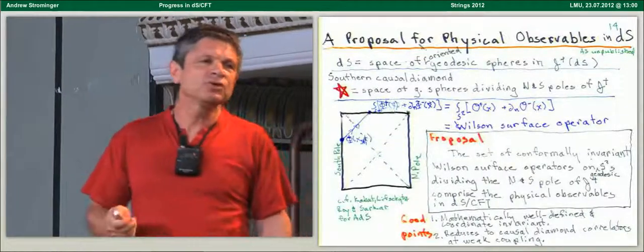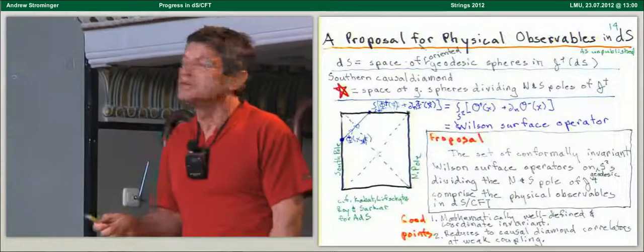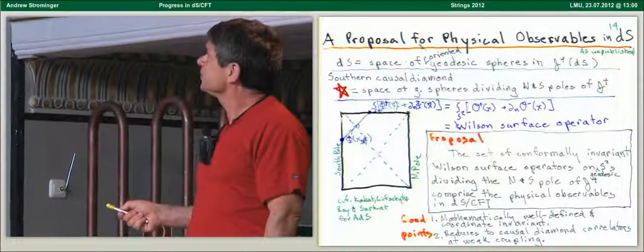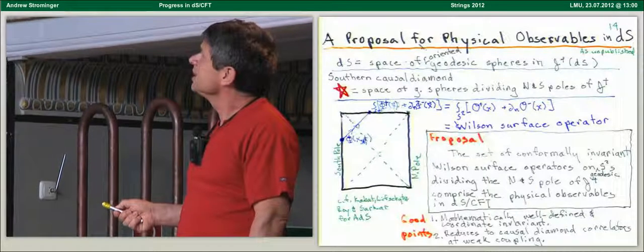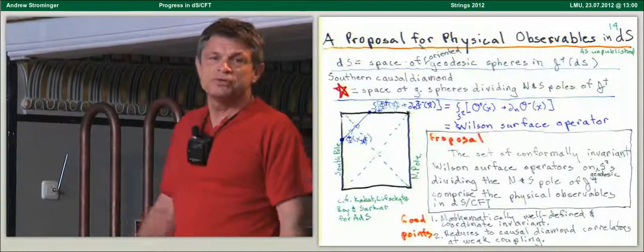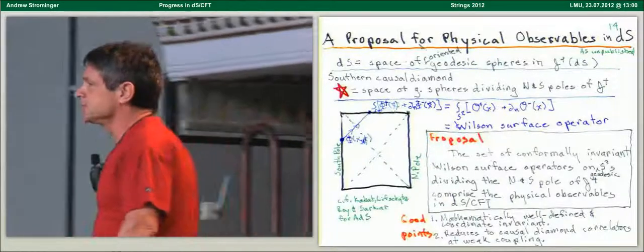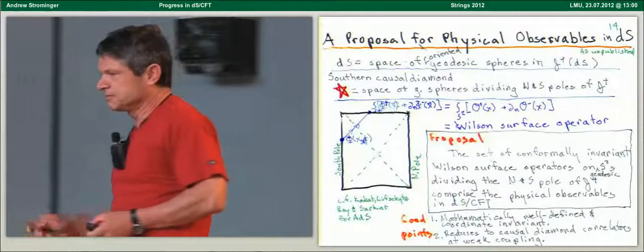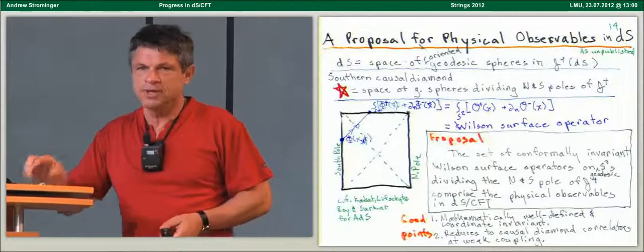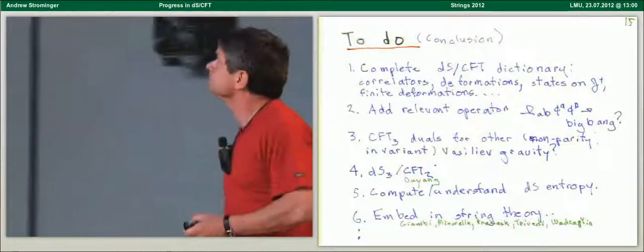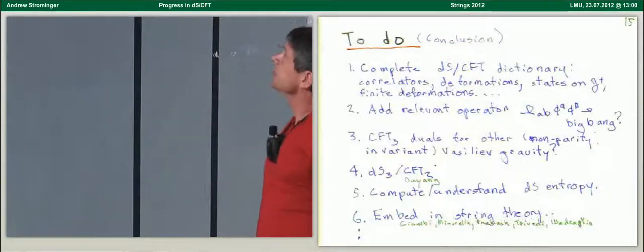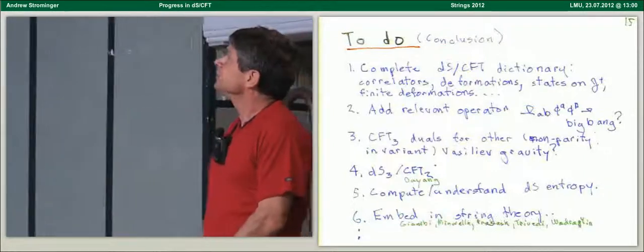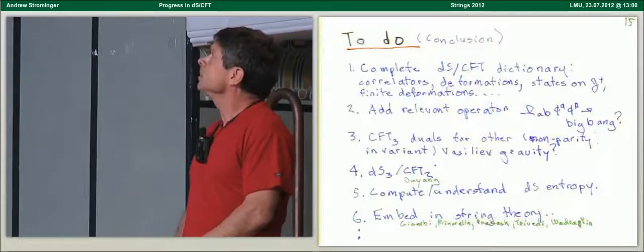So that's why we're forced to talk about boundary observables. The good point about these observables is that they're mathematically well defined and coordinate invariant, and also at weak coupling, they reduce to what we would naturally call a good set of observables in perturbative quantum gravity in de Sitter space. And so in conclusion, there's a lot to do.